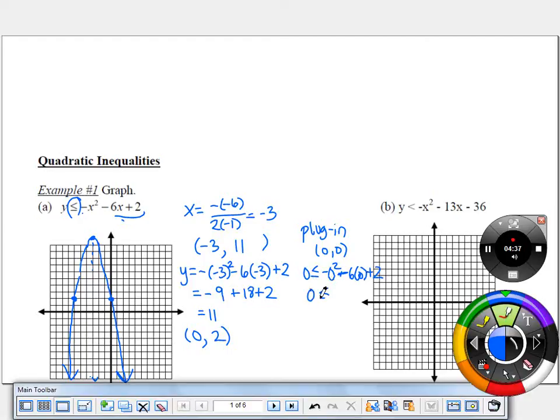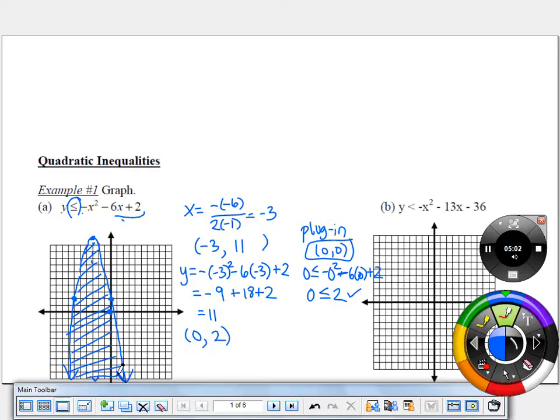And I'm going to get this statement. 0 is less than or equal to 2. This is true, which means 0, 0 is part of the solution set. That means this point right here, 0, 0, should be something that is shaded and is included in our solution set. So I'm going to go ahead and shade everything that's in that same region as 0, 0.